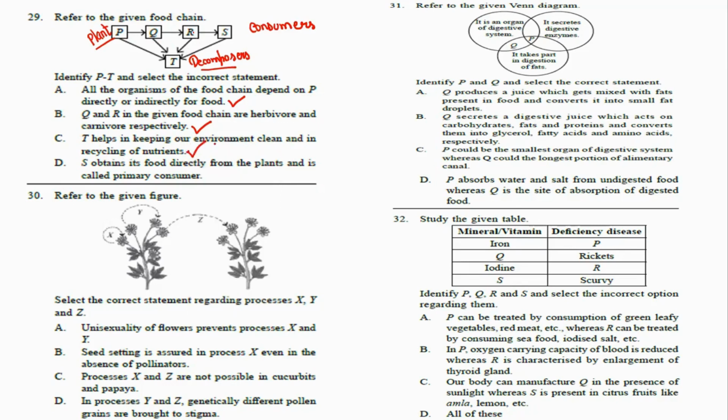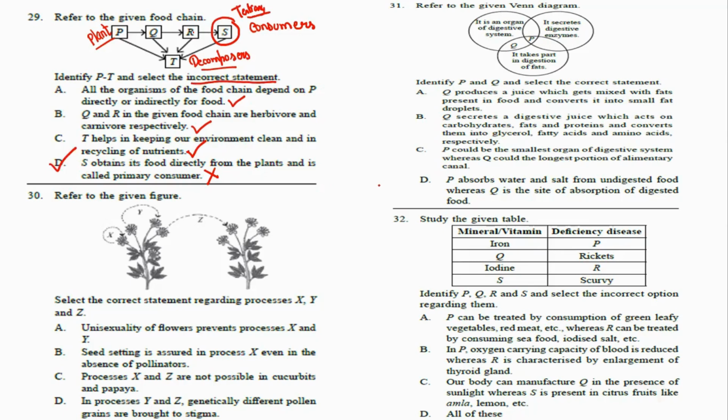So this is also the correct statement. Option D says S obtains its food directly from the plant and is called primary consumer. This is wrong because S is a tertiary consumer. It is not the primary consumer. So our correct answer is option number D because they have asked for the incorrect statement, right?